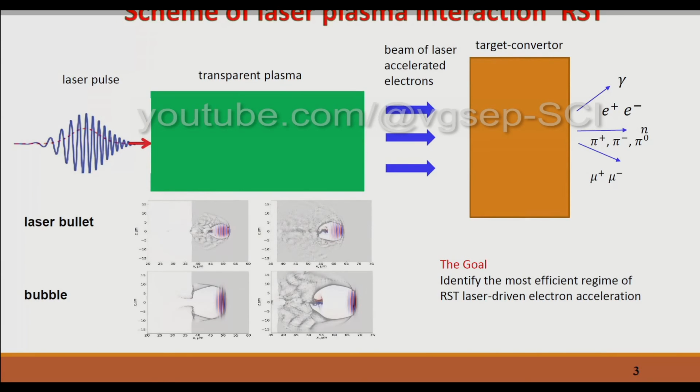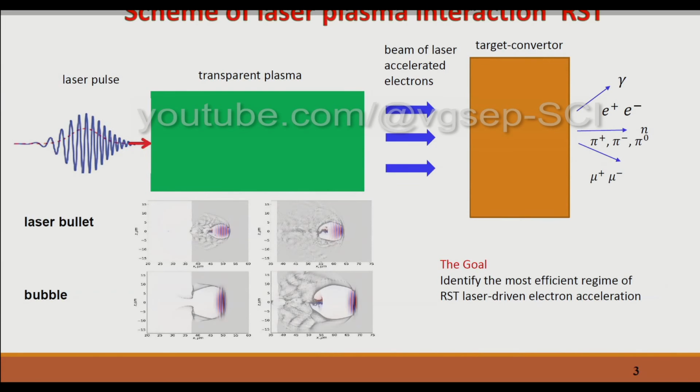In the standard scheme of laser plasma interaction, we get a soliton-like structure moving in the plasma. And we have two extreme cases.